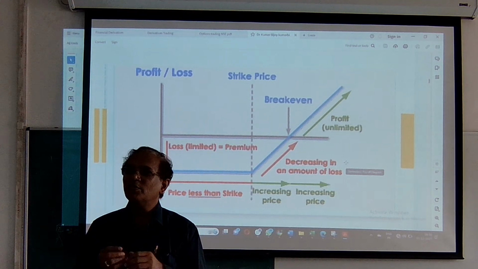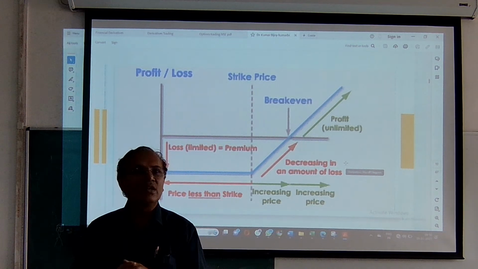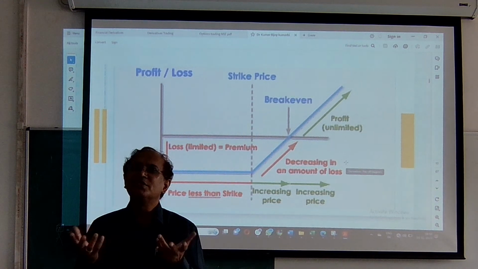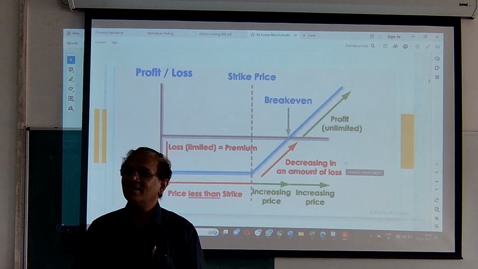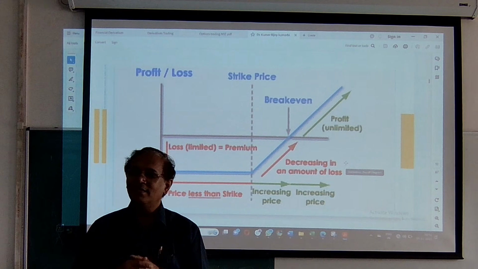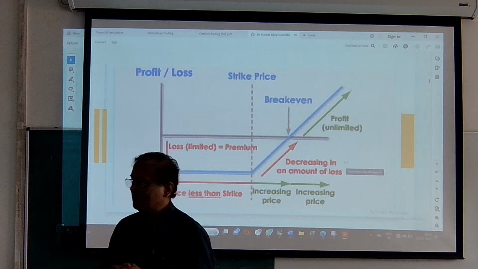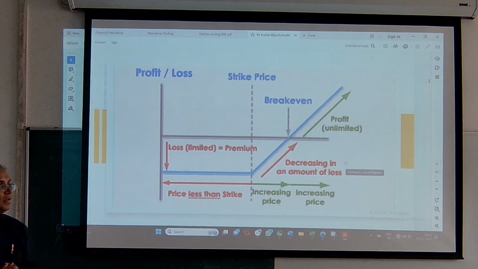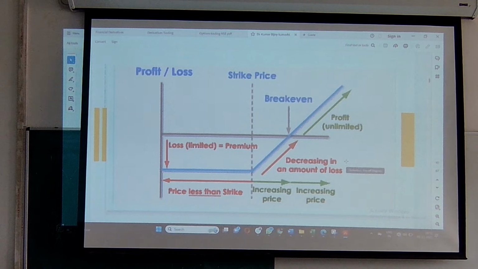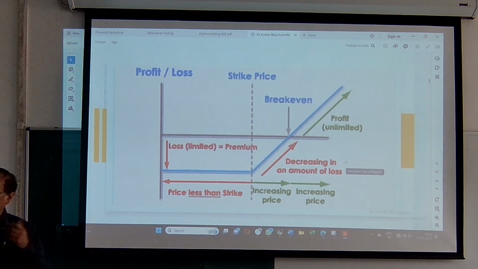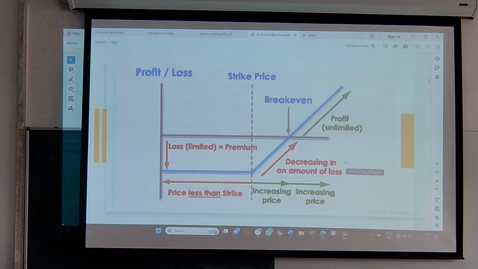I request you all to be ready with me for the calculation of numericals, and a short question on this will surely come in the examination. There is no second thought about that. So let's start with how it works.